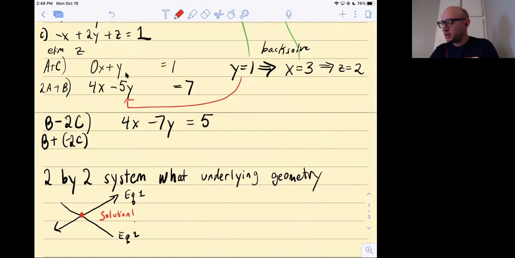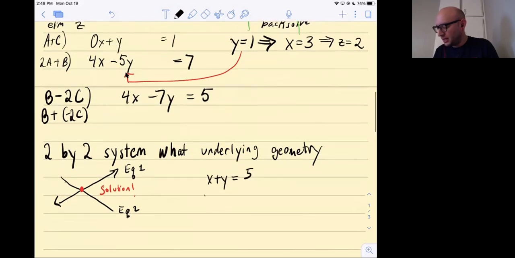So just to remind you, if we have an equation like x plus y equals 5, and 3x plus 2y equals 7, you can rearrange each of them into y equals mx plus b form and see that they're talking about two lines. And where those two lines cross, that's your solution.